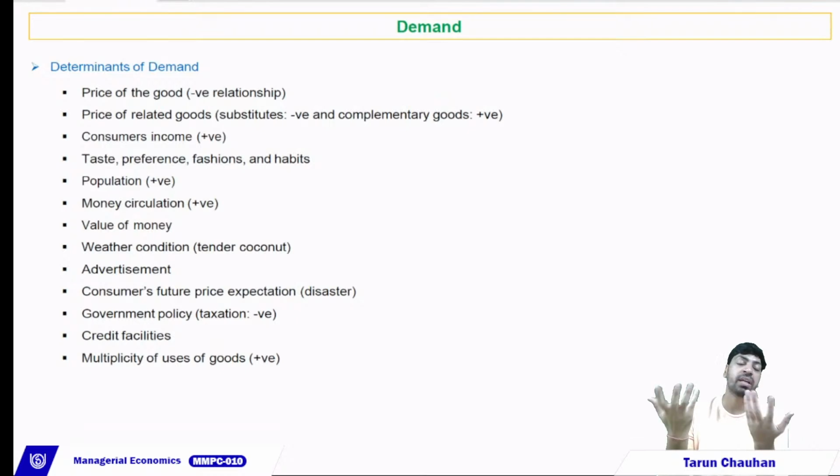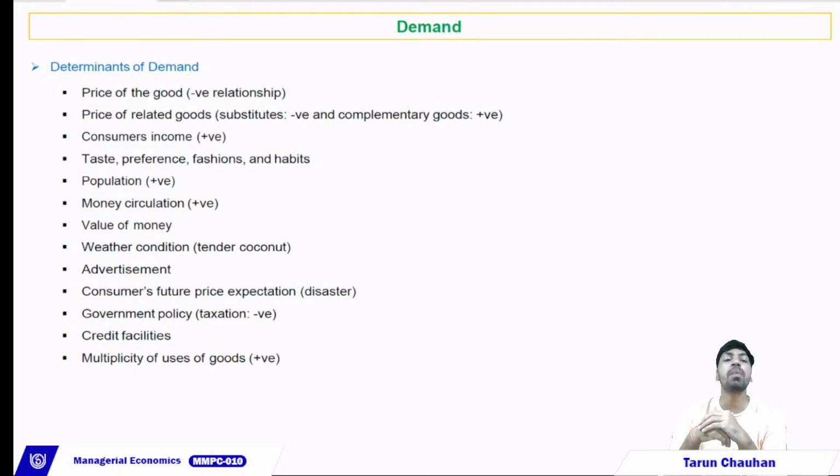Taste and preference keep changing according to the time period, and it is very difficult to predict on what basis the taste or preference has changed towards fashions or their own habitual needs. So that's why it also influences demand badly.